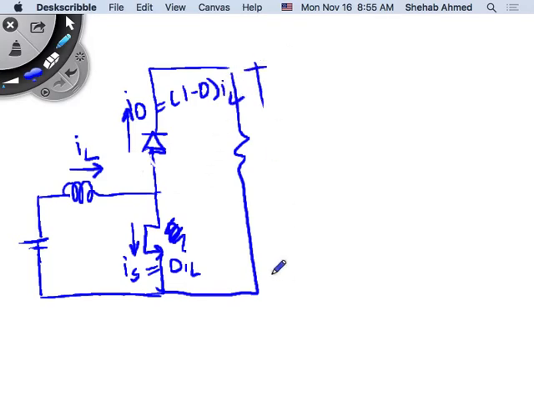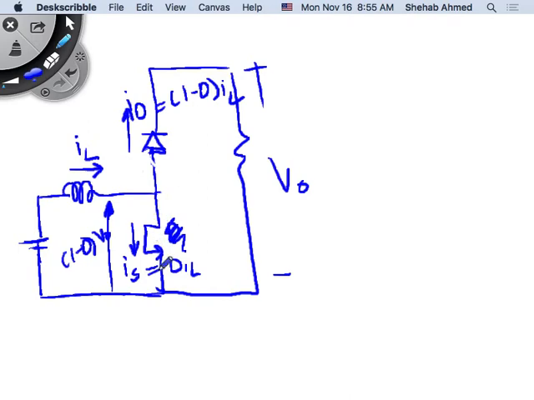And if this is my output voltage, then the voltage here will always be what? For the boost converter, this would be 1 minus D times V output. Why? Because when the switch is on, the voltage is 0.